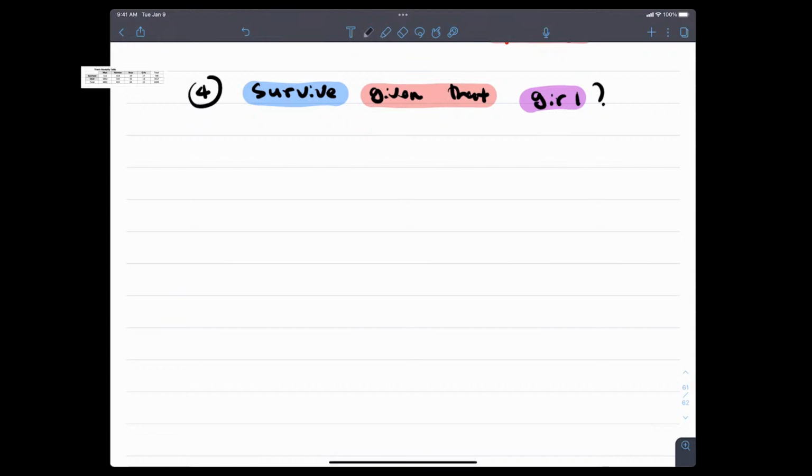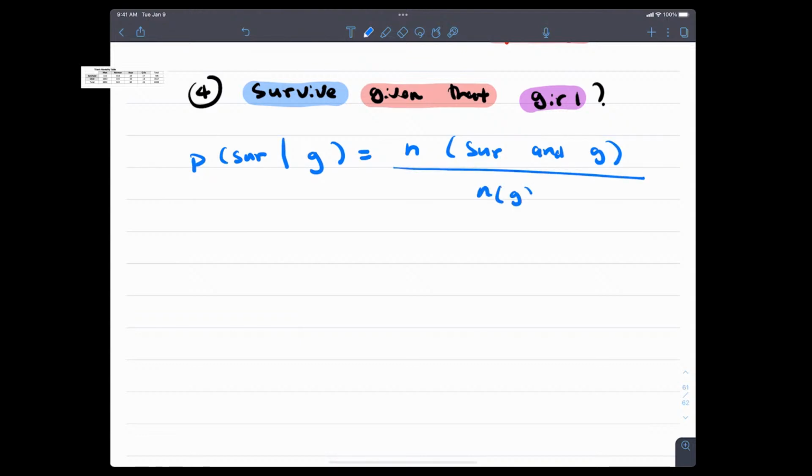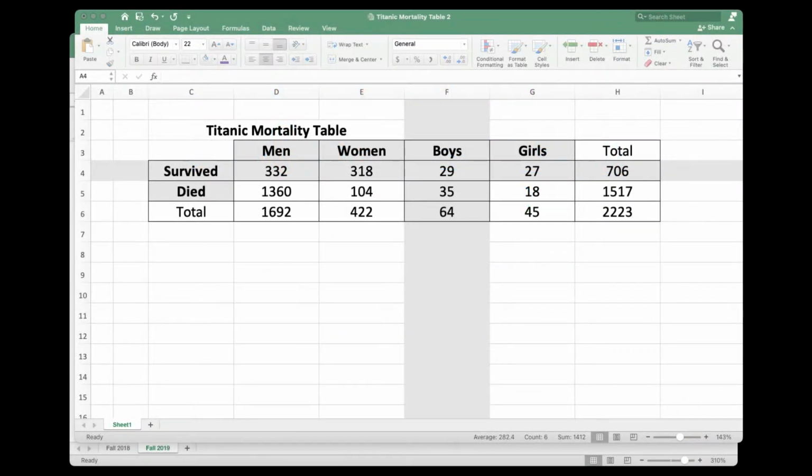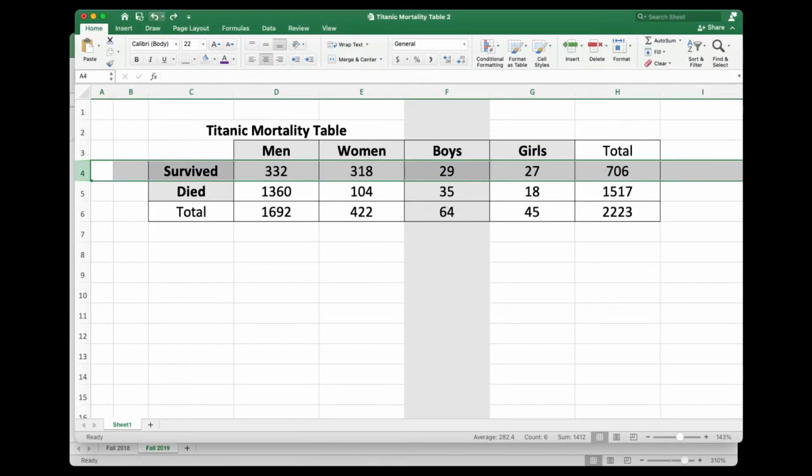A girl. So I write this down this way. Probability you survive, given that you're a girl. Okay, it's the number who survive and are girls out of the total number of girls. All right.